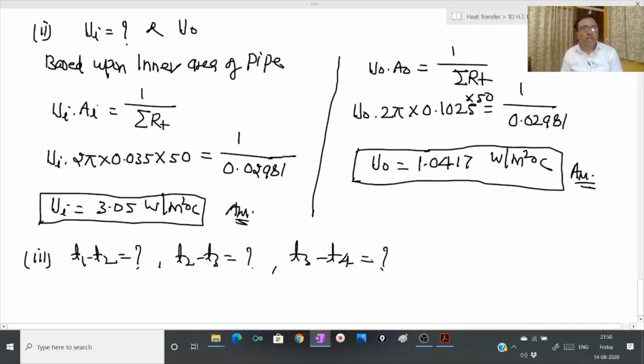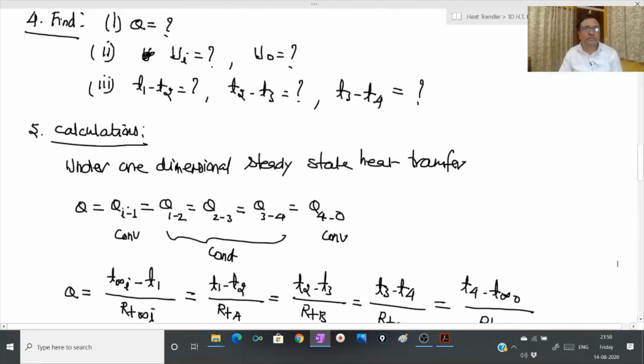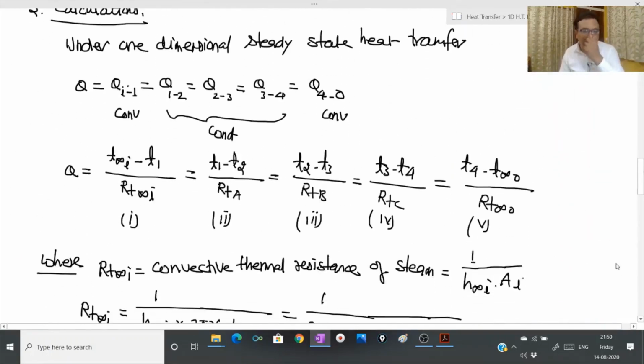So, to calculate these temperature drops across the solid surfaces, let us get back to our equations. As you can see here, in equation 2, 3 and 4, these temperature drops are appearing.